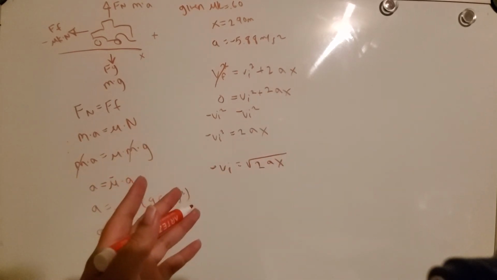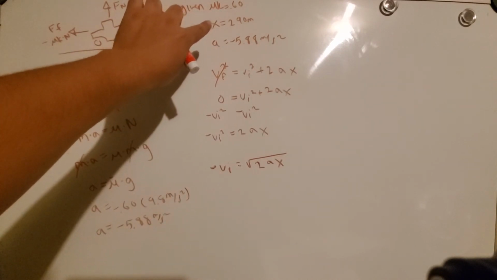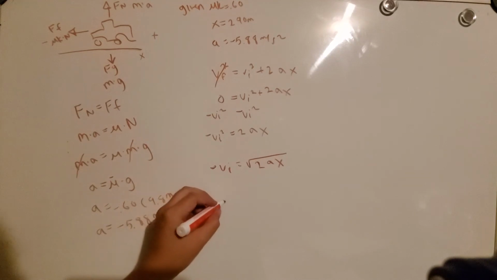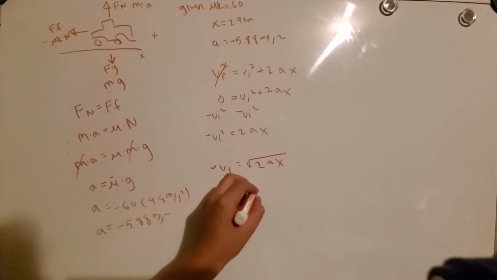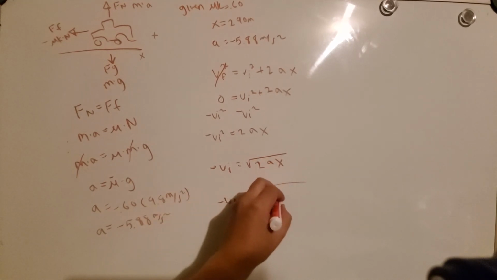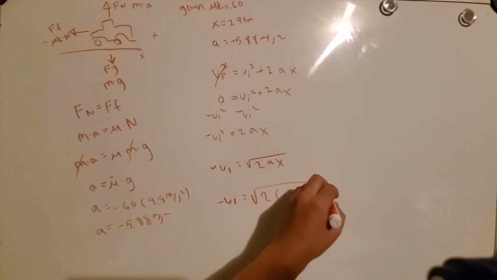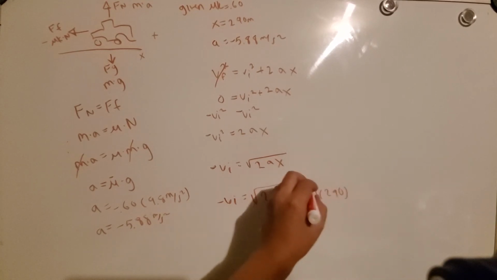And lo and behold, we can simply plug in the values that we have, distance and acceleration. So negative initial velocity is equal to the square root of 2 times negative 5.88 meters per second squared times 290 meters.